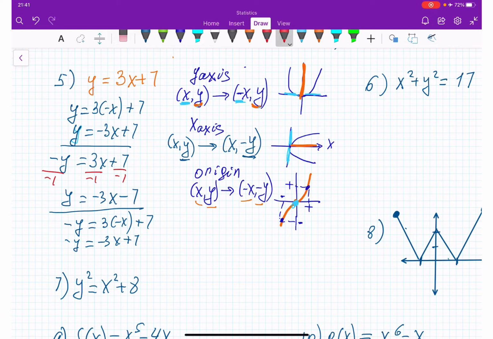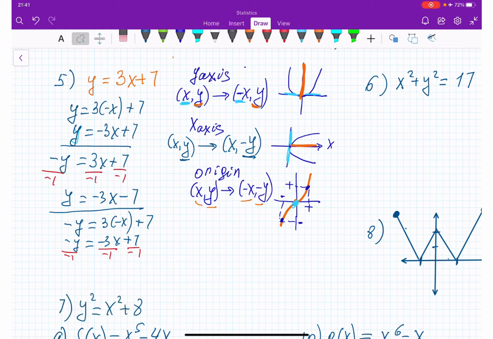If I divide by negative 1, negative 1, negative 1, yes, I'm going to get y is equal 3x minus 7. So on the top I have 3x plus 7.